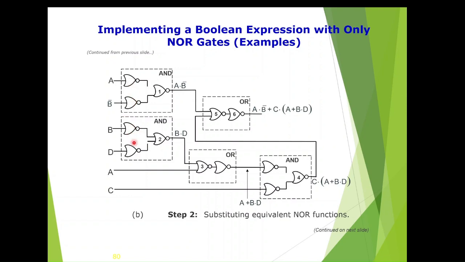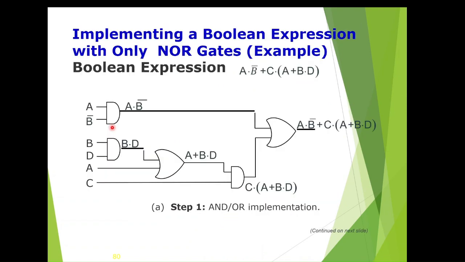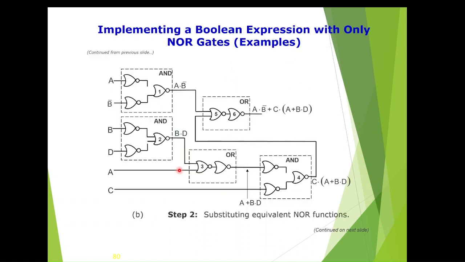Similarly here 2 NOT gates, B and D. Then this OR gate means 1 NOR gate, again a bubble, then to compensate for that, an inverter. Using 2 NOR gates we can implement an OR gate. That's what we have seen. So similarly here also, another OR gate, so 1 NOR gate with an inverter, and for the AND gate, input side 2 inverters.